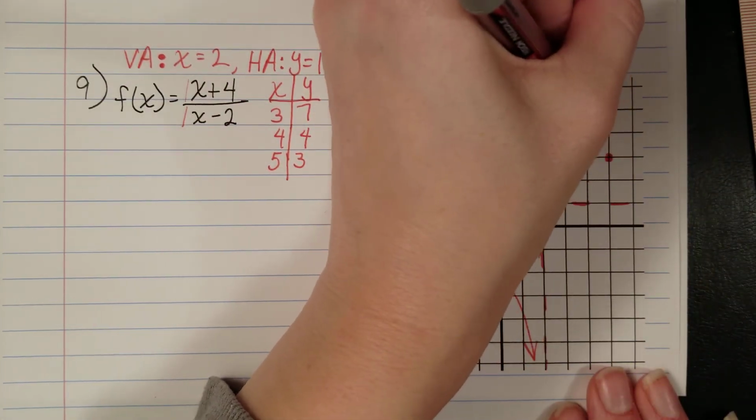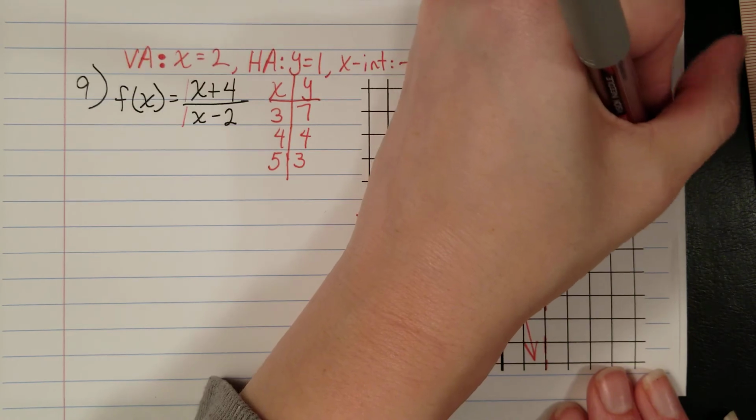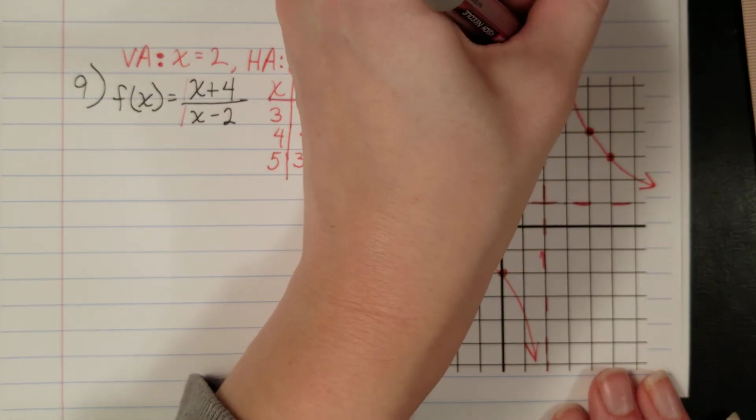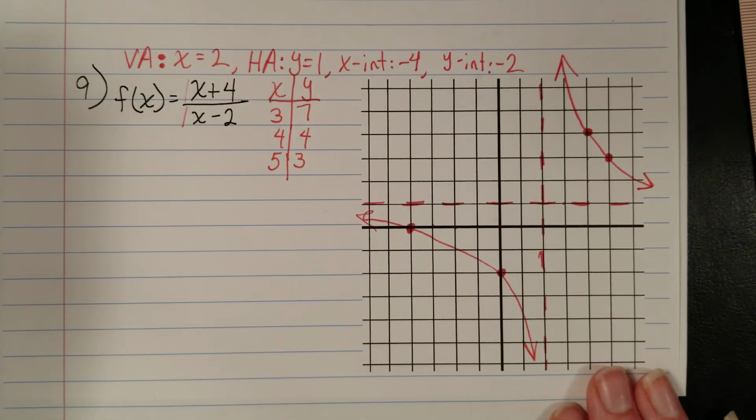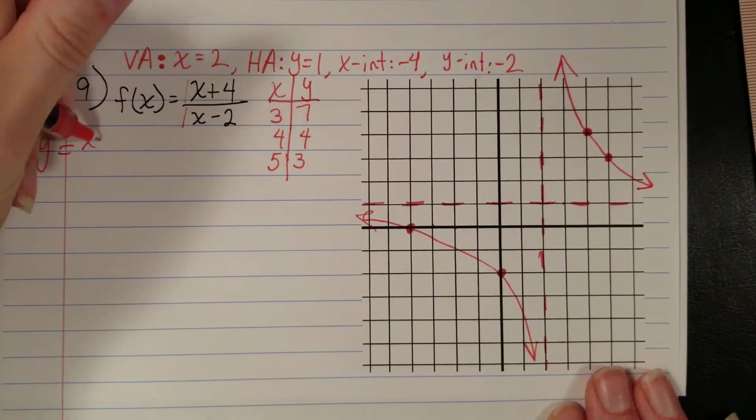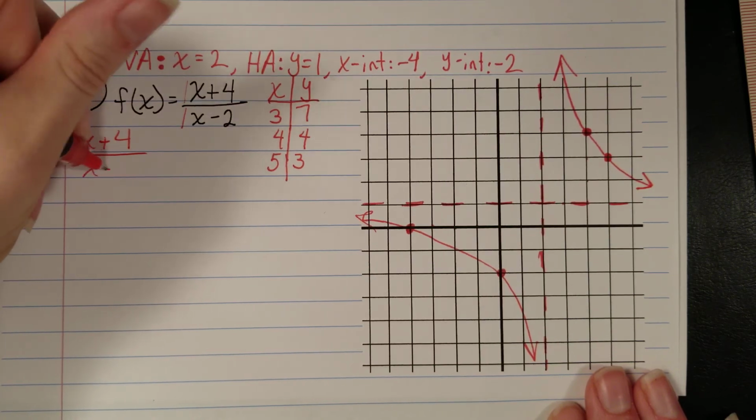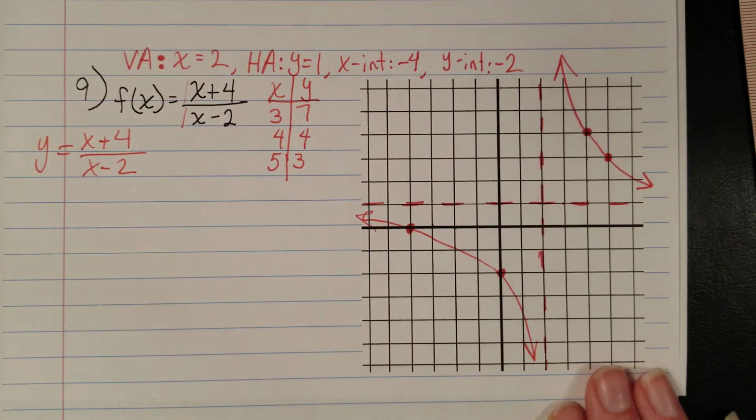Perfect. Alrighty, let's see then. So we can see it's 1 to 1. So it does have an inverse. Okay, so we've got y equals x plus 4 over x minus 2. So we're going to switch the x and the y.